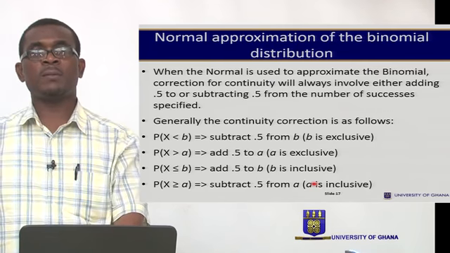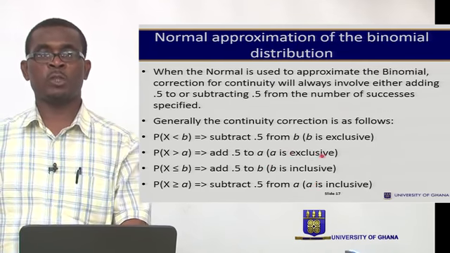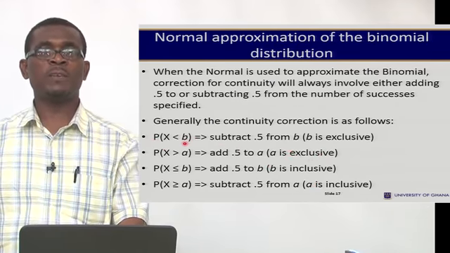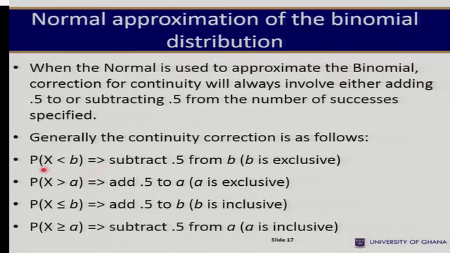So in general, this is how you do your correction for continuity. If in the binomial, you were solving the probability of x being less than a certain value b, then you should subtract 0.5, since it is not included, right?